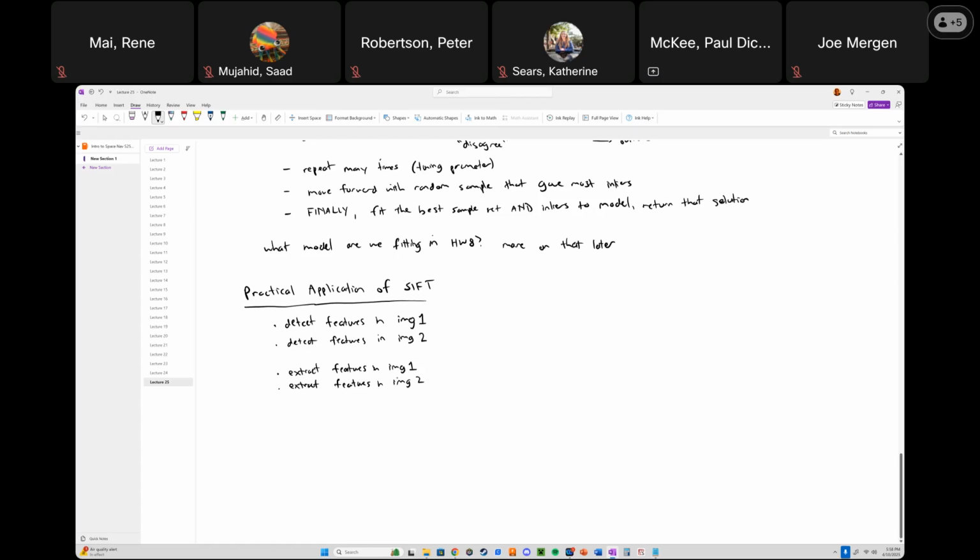Okay, so this is keypoint detection. And there's keypoint description. Then we perform feature matching, so match features, which, as the name implies, this is keypoint matching.